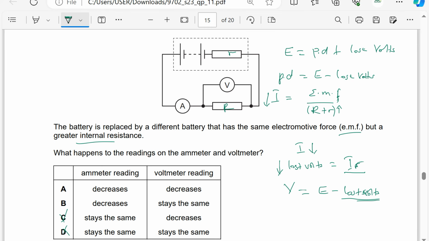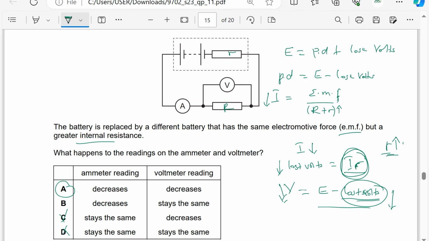The current has decreased, but r is now greater. Since r is greater, it means that we are now going to have more lost volts, and if this is more, then the difference here becomes smaller, so V is going to be decreased.